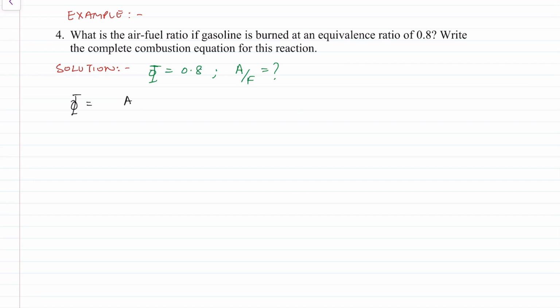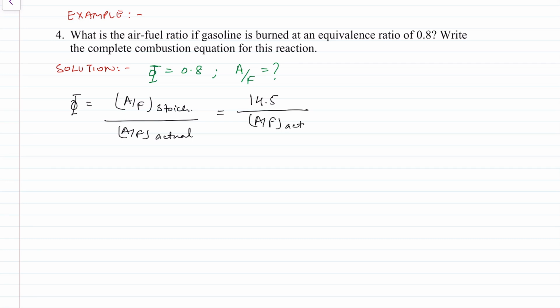That's air to fuel ratio stoichiometric divided by air to fuel ratio actual. And stoichiometric, from the example we did earlier, is 14.5, divided by air to fuel ratio actual.